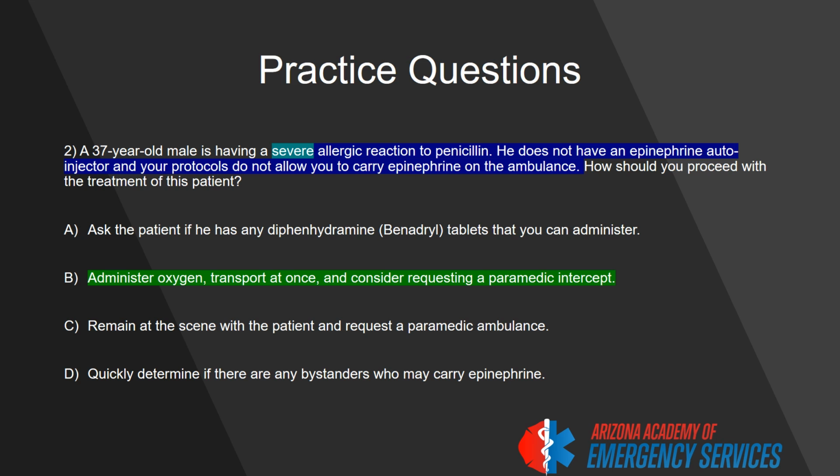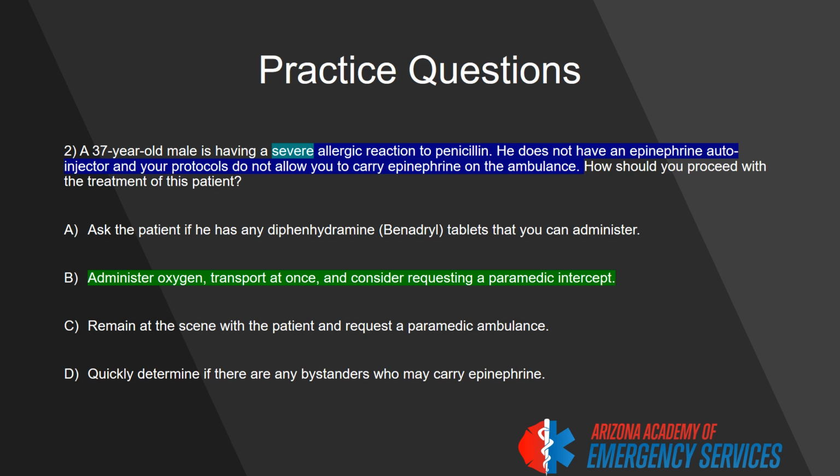So it doesn't matter if anybody has Benadryl present, because it's not the first line treatment for an anaphylaxis patient. Of course, the first line treatment is epinephrine. So diphenhydramine is lower on our priority list, and very simply, it doesn't matter if anybody has Benadryl because we cannot give it per national registry standards.